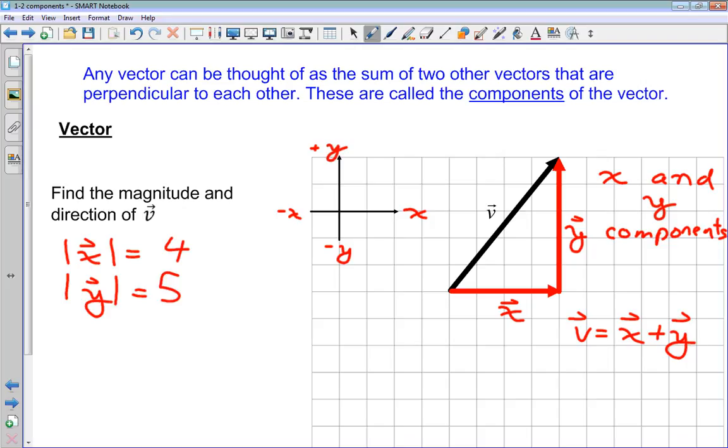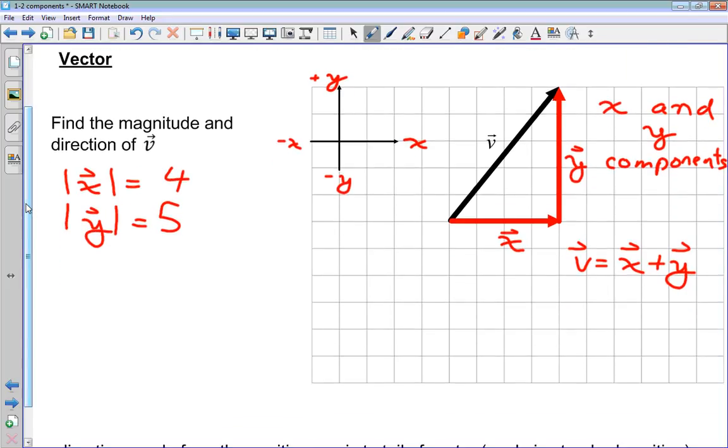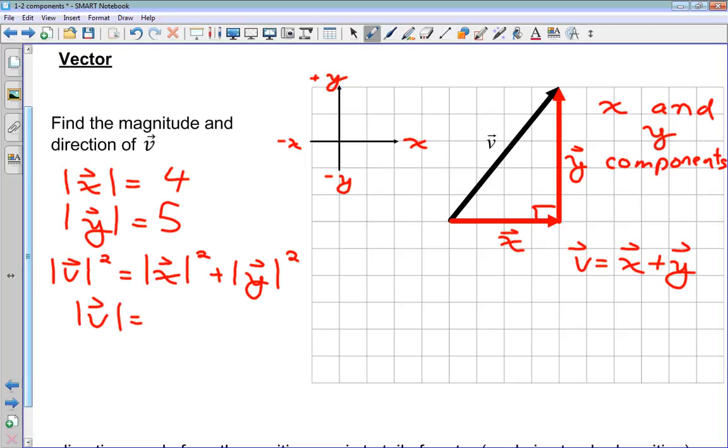So we know that by Pythagorean theorem, because this is a right-angled triangle, knowing that these components are perpendicular, the magnitude of x squared plus the magnitude of y squared will give us the magnitude of v squared. So just finishing this off, the magnitude of vector v is going to be the square root of 4 squared plus 5 squared, which when you work this out, you find the magnitude of v is root 41.